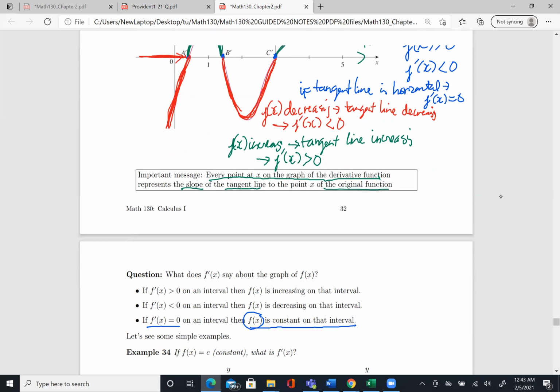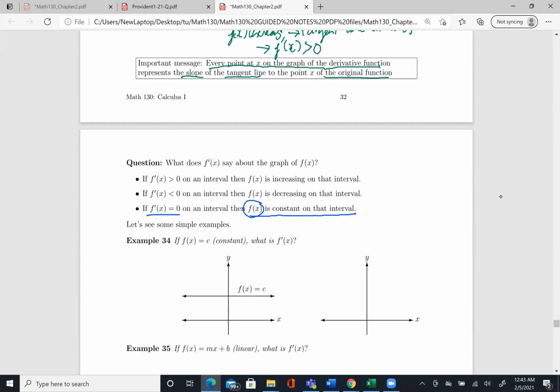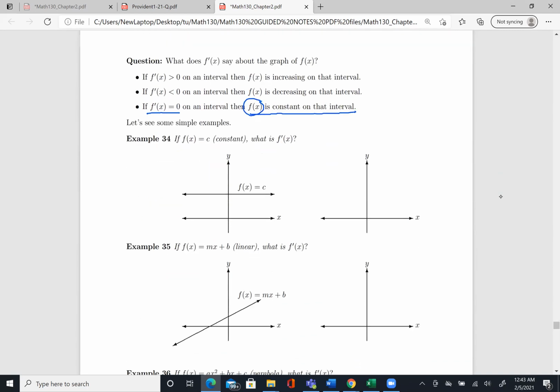Now let's move to the question over here. What does f'(x) say about the graph of f(x)? First, if f'(x) is greater than 0 on an interval, then f(x) is increasing on that interval. That's what I just mentioned above, right?